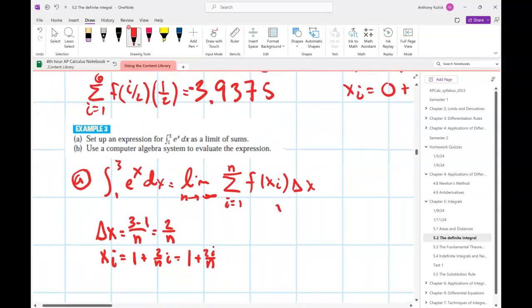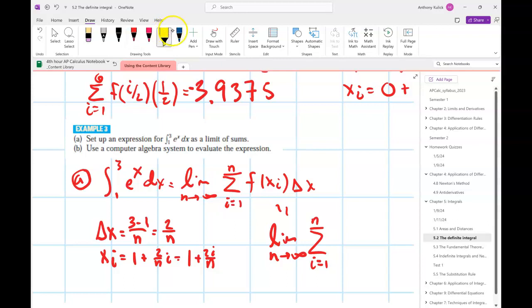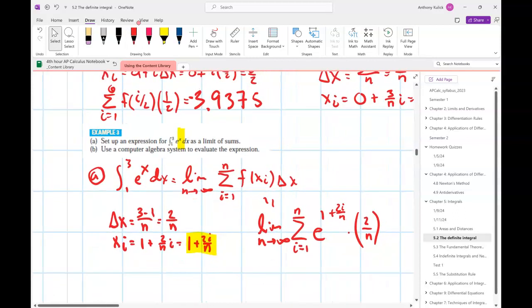So our sum here then, the limit as n approaches infinity, sum from 1 to n of, if I plug this in for the x in my f of x, I have e to the 1 plus 2i over n times my delta x, which is 2 over n. Done. You don't have to do any more because it says just set up. It's ready to be plugged into a calculator. If you had a calculator that could do it, I don't think anybody does, so we're stopping here.